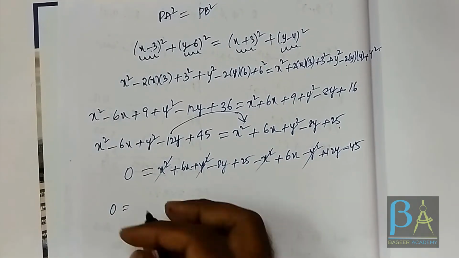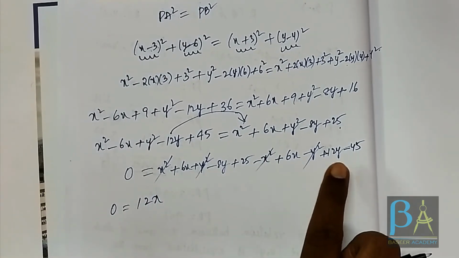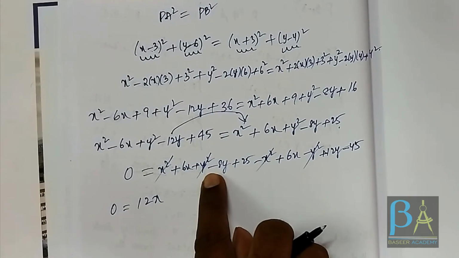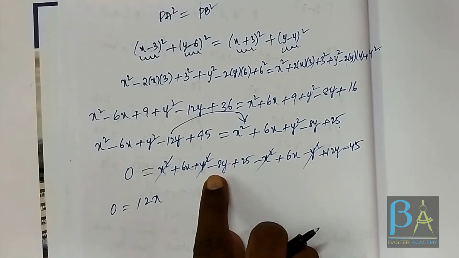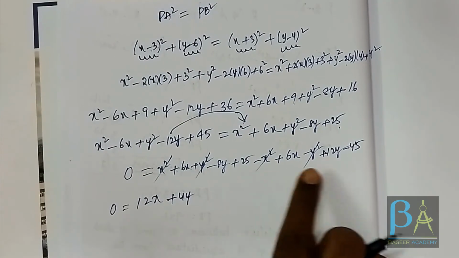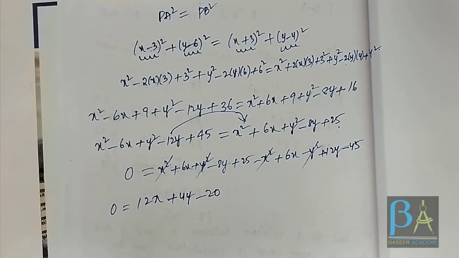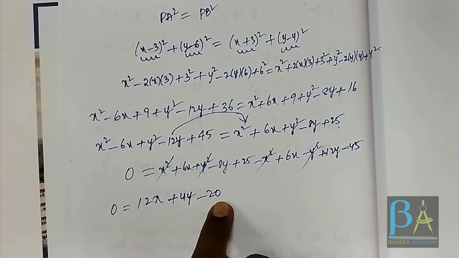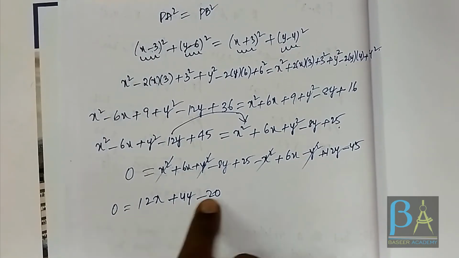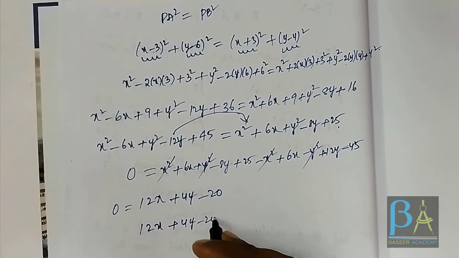6x plus 6x, that gives us 12x, minus 8y plus 12y. 12 minus 8, that gives us 4, right? So 12y minus 8y is 4y. 25 minus 45, that gives us minus 20. Now instead of writing 0 is equal to this thing, you could have written this thing is equal to 0.